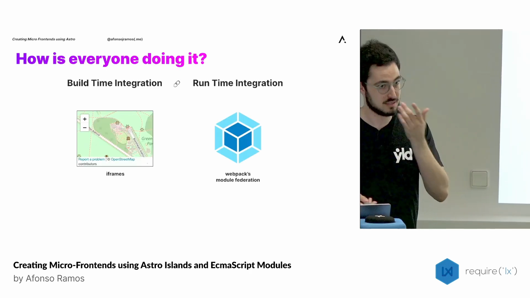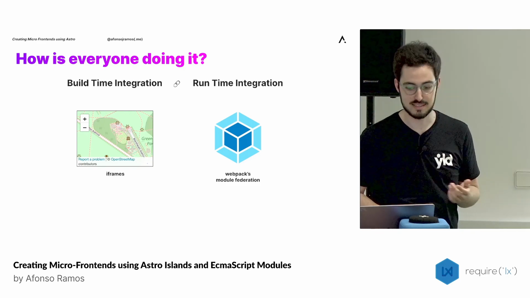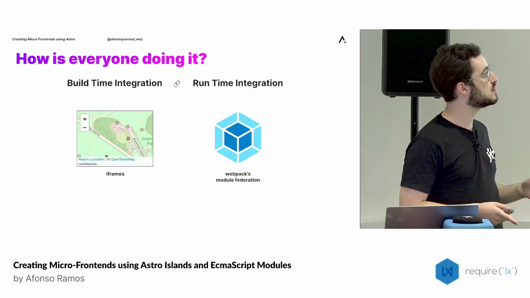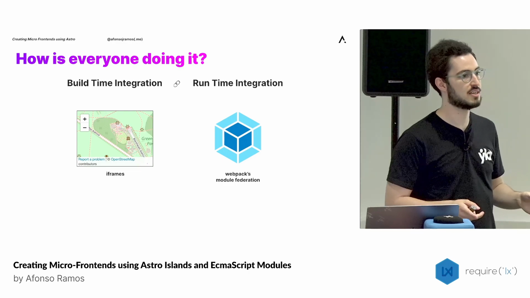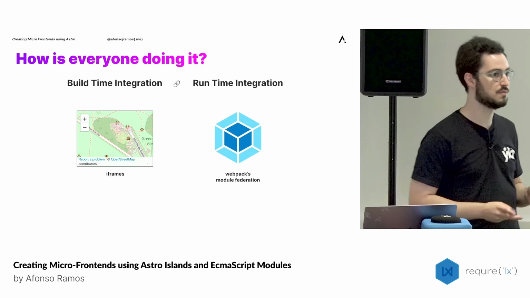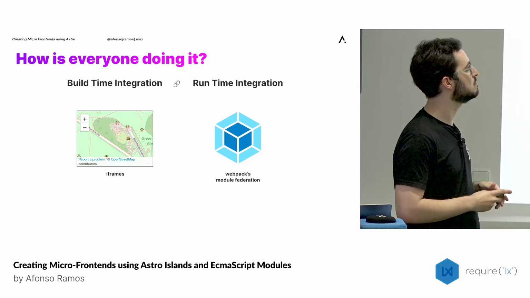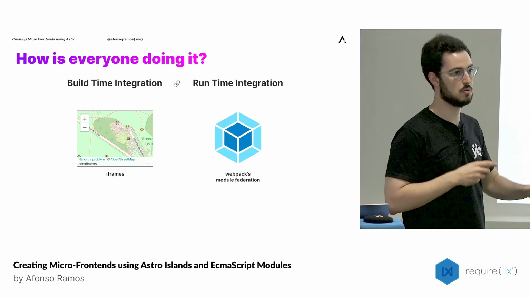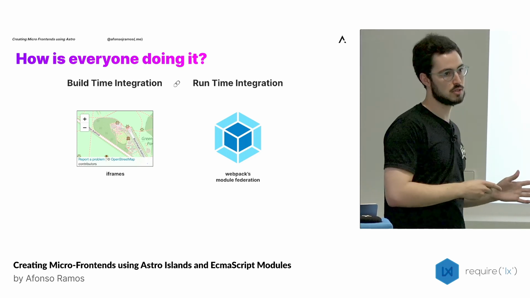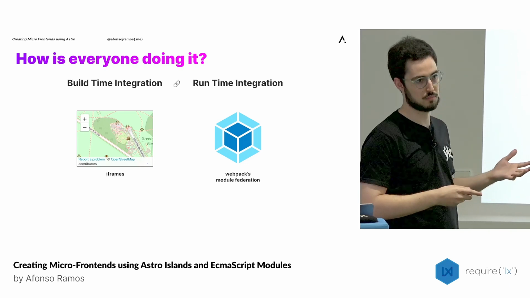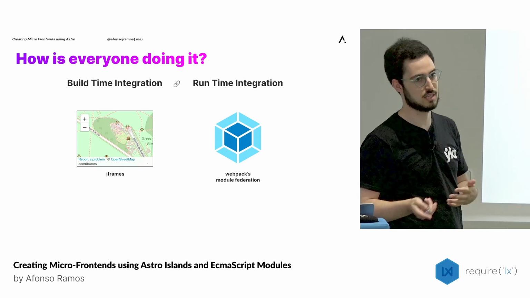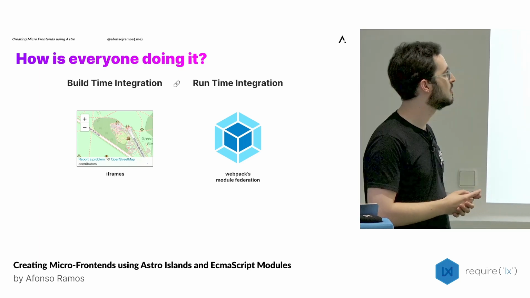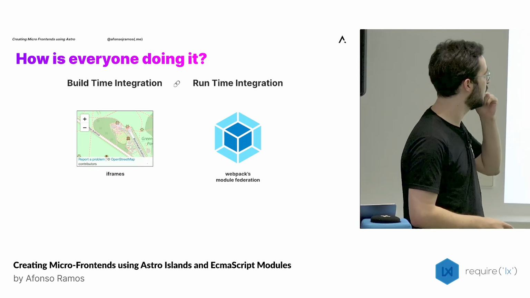So how is everyone doing these micro frontends? I could talk about server-side composition, edge-side composition, client-side composition for micro frontends, but let's focus on client-side composition, which is what most people are doing, and the other solutions are more like products that you use, such as the AWS one that I mentioned that Luca Mezzalira is involved in right now.